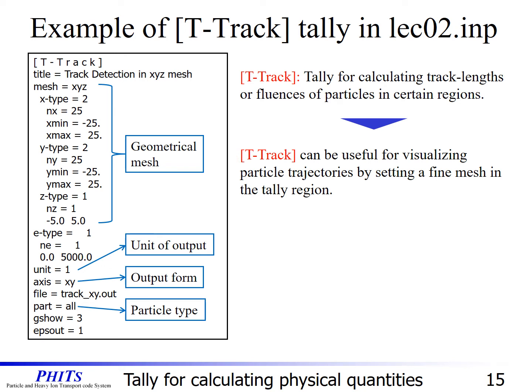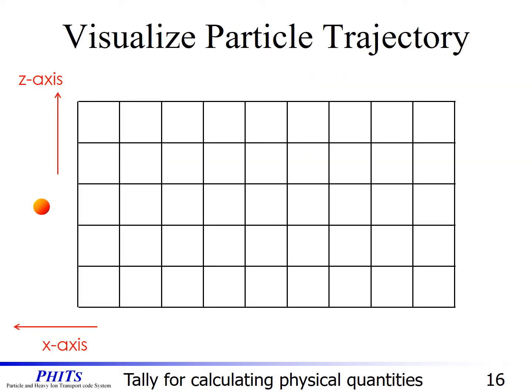As described before, it has 4 components, that is geometrical mesh, unit of output, output form, and particle type. This slide shows you how to visualize particle trajectory. In this case, the certain area is subdivided into small rectangle grids. The orange sphere is a particle that you want to score. The particle passes through the region, and grids are colored along particle trajectory.